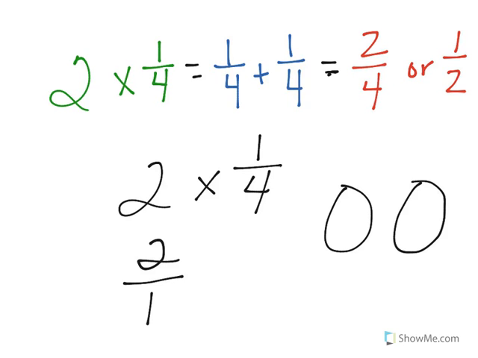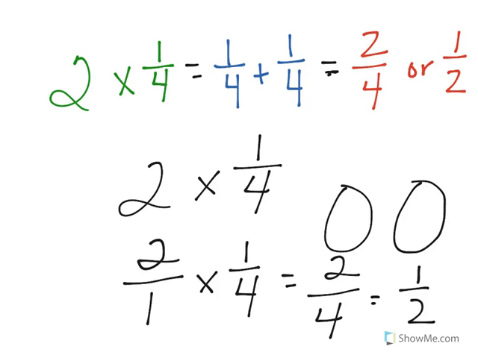So if we divide 2 divided by 1, we're simply going to get 2. So 2 is the same as 2 over 1. And now we can go ahead and multiply those out. 2 times 1 is 2, and 1 times 4 is 4. And if we reduce that further, we're going to get 1/2. Same thing as we did when we did repeated addition.